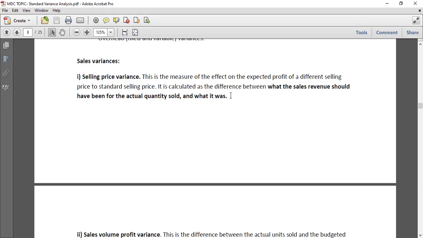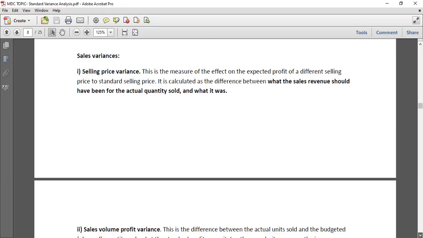The variance will be what sales revenue should have been, which is 1,000 times 50 shillings, which is 50,000. But if you sold it at 60, that is what it was, so 1,000 times 60 gives you 60,000. The difference between 60,000 and 50,000 is your selling price variance.